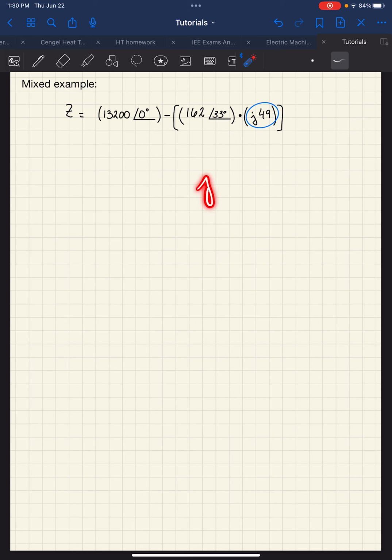So if you're just given something like this, the magnitude is going to be 49 and your phase angle will be 90 degrees. So immediately I would convert this into polar form. If it's a minus j, obviously minus 90.